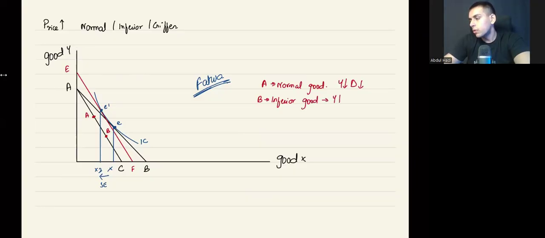If your income level is falling, your demand for inferior good should rise. And if you're talking about Giffen good, it should outweigh your substitution effect. Giffen good: if your price level is rising, your demand should rise as well.